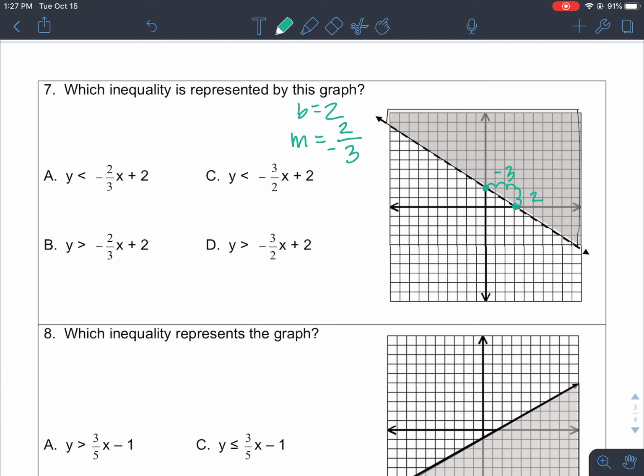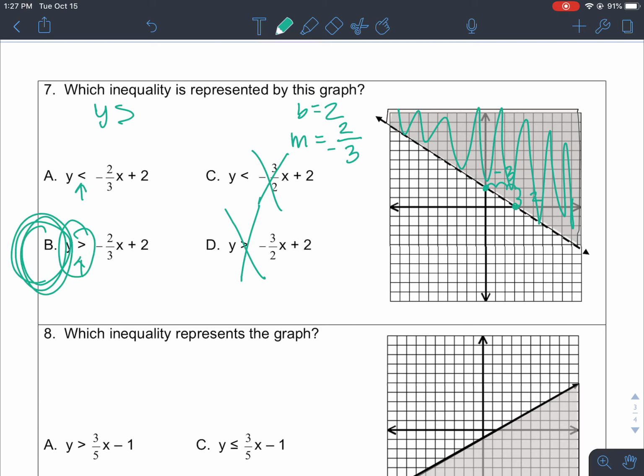So the only ones that have 2/3 are A and B. So I can cross out C and D because those are 3/2 and that's not the right slope. And now I'm just going to look at my inequality sign. So this one is shaded above. So if it's shaded above, that means y is greater than.